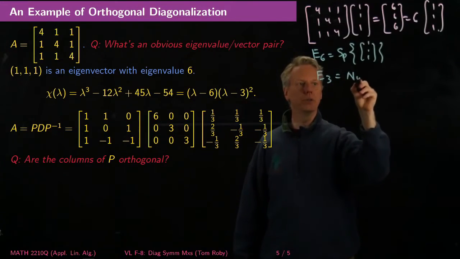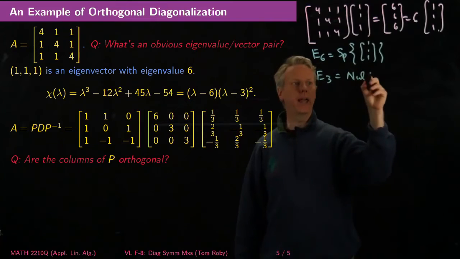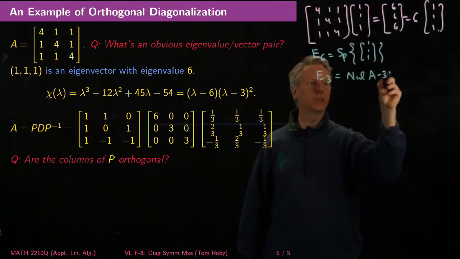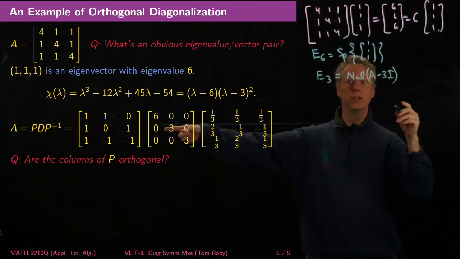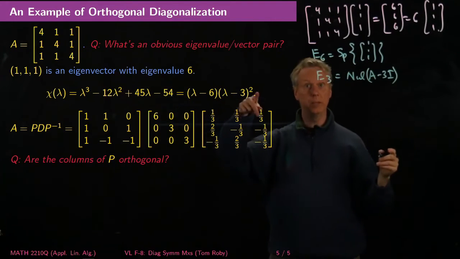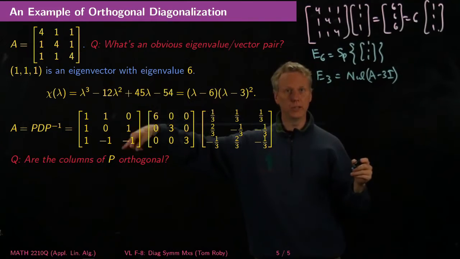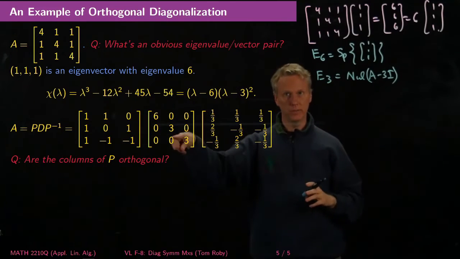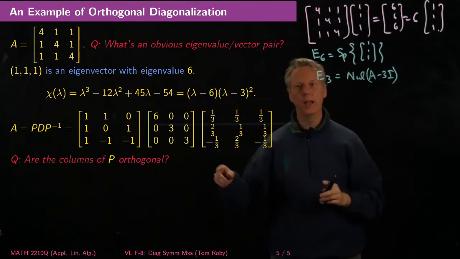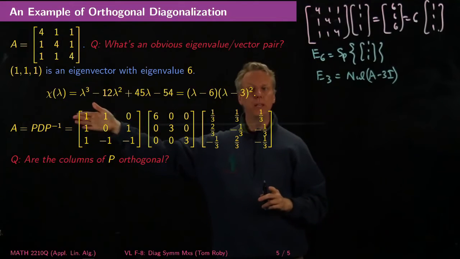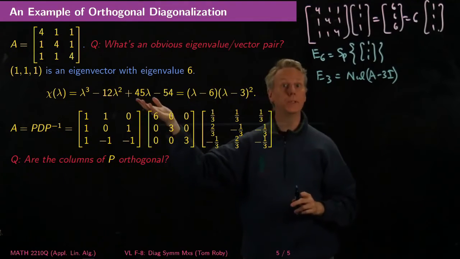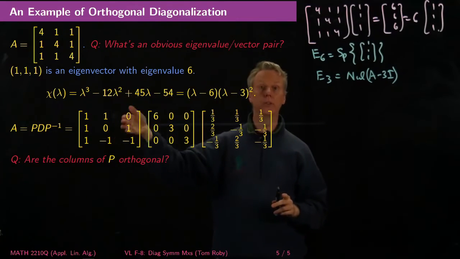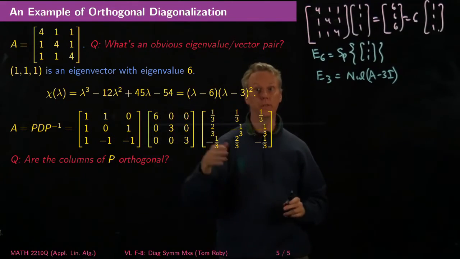And then E3 is, of course, the null space of this matrix A minus 3 times the identity matrix. That turns out to be the span of 2 vectors, which is good because this had multiplicity 2. We want to get 2 eigenvectors so that we can do this decomposition. And so you end up getting A equals PDP inverse, not as an orthogonal decomposition, but just as a regular diagonalization of this matrix.